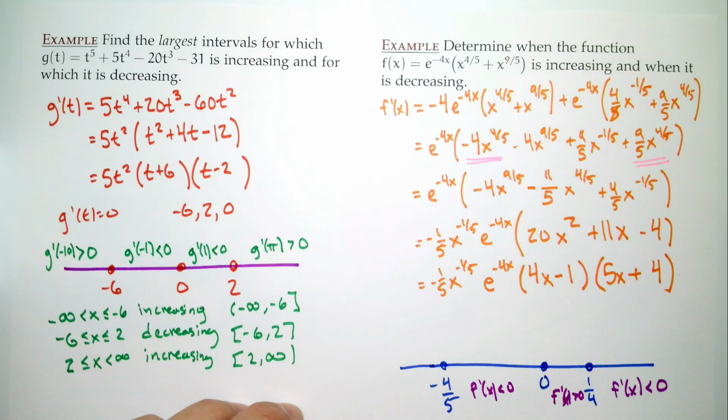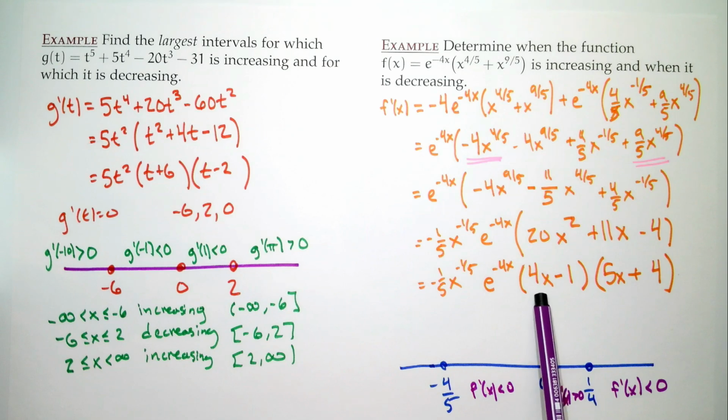All right, something below negative 4/5. Negative 1. Okay, negative, next term, x to the negative 1/5, will be negative. It's like if you take a cube root of a negative number, it's still negative. If you take a fifth root of a negative number, it's still negative. E to the negative 4x? Positive.